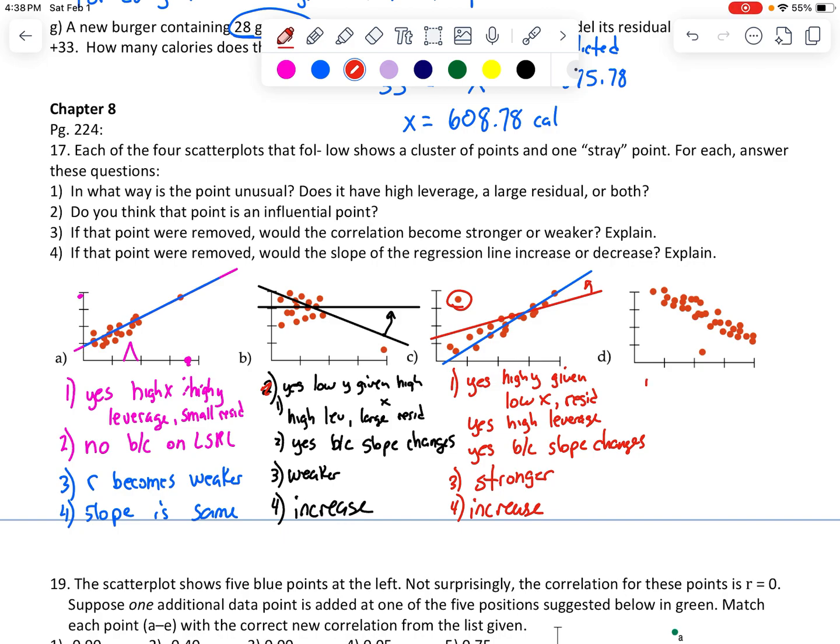And our last one here: is that point an outlier? Yes. It has a low y given x. It has a large residual. However, it does not have high leverage.